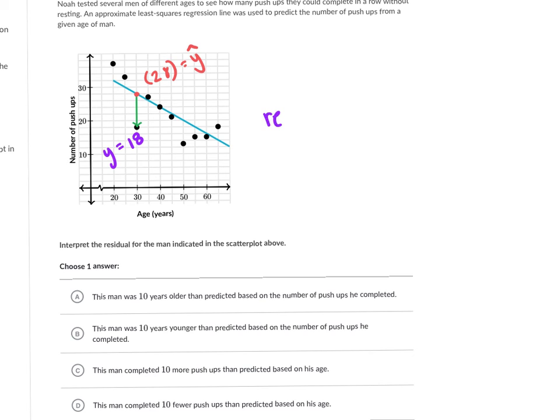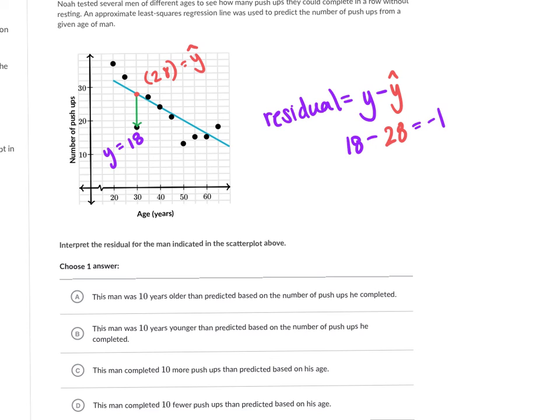So your residual, remember, is equal to y minus y hat. So we have 18 minus 28, and it's equal to a residual of negative 10.